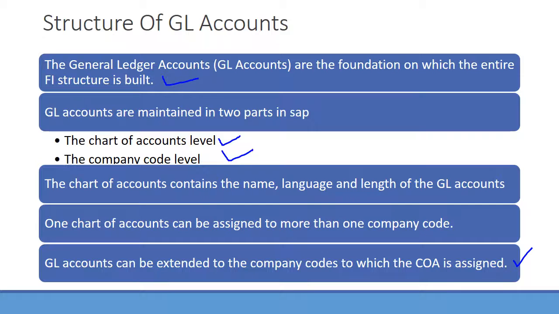Within the company code, the specific attributes for that company code are created. For example, a GL account may be taxable in one company code. The same account may not be taxable in another company code, which may be in Singapore. So at the company code level, the attributes differ. At the chart of accounts level, the header data will be the same.